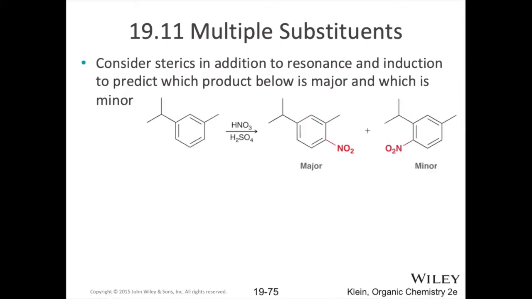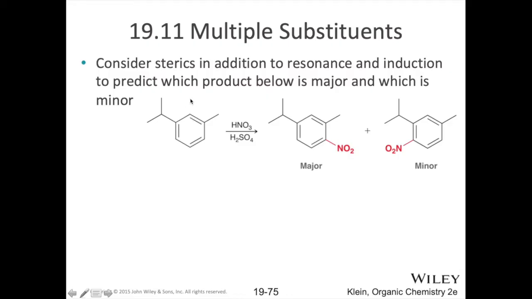Likewise here, with this one, we have two groups, but they're no longer para to each other. So what's ortho to both of them? Well, we have an ortho position here, we have an ortho position here, and technically there's another ortho position between the two of them.